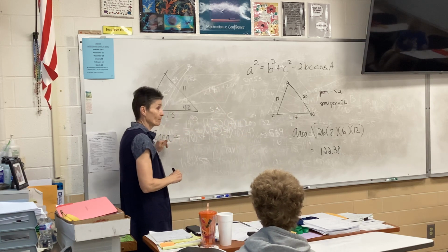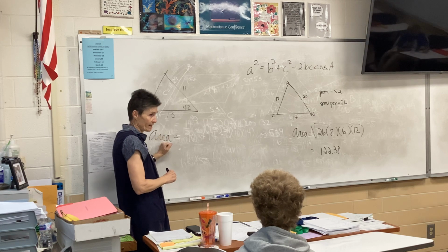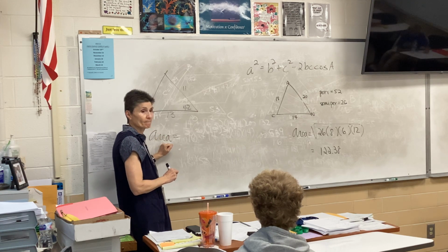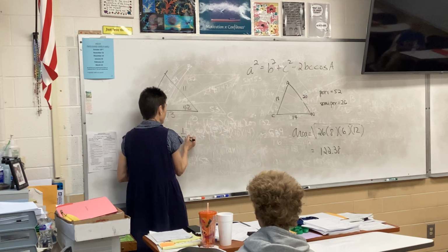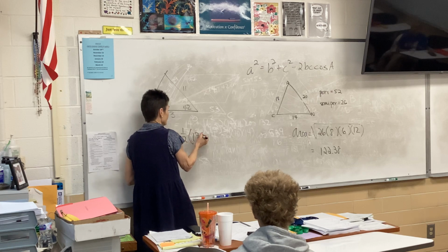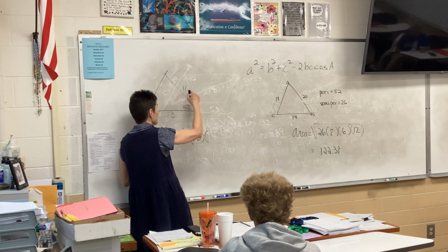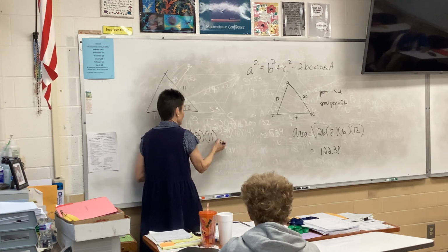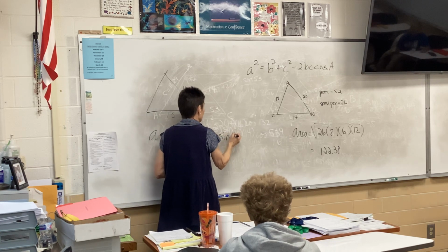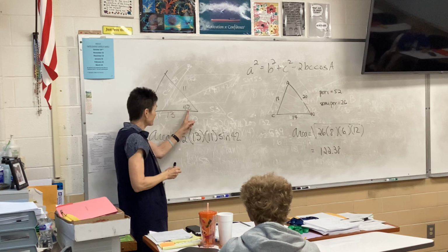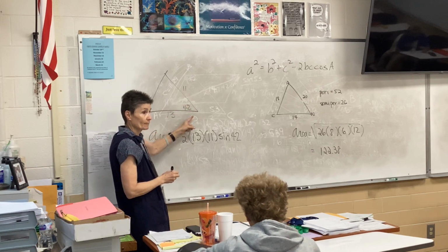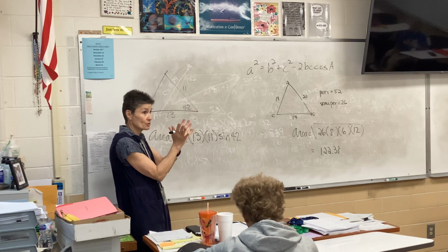So who remembers the other way we talked about of finding area? 1/2 side times side times sine of included angle. So isn't this angle included between these two sides? Yes, made by those two sides.